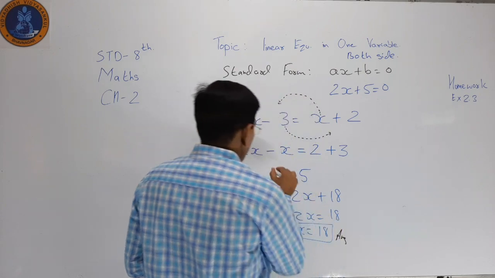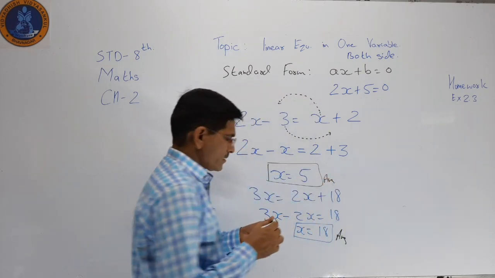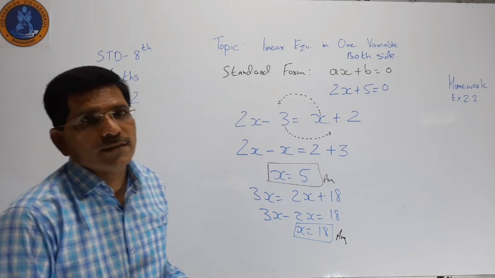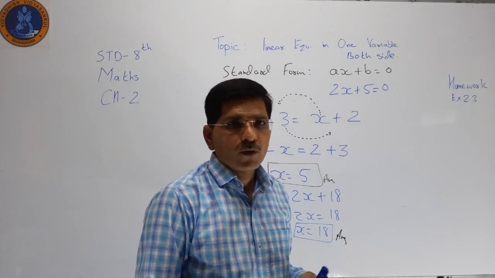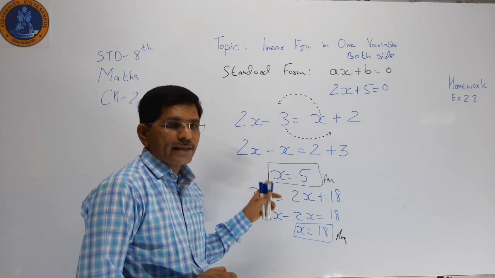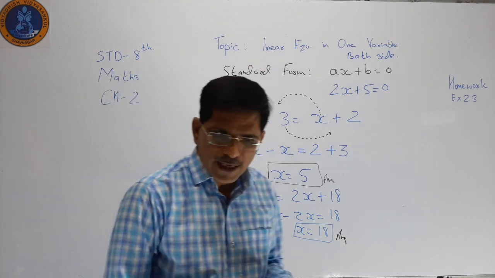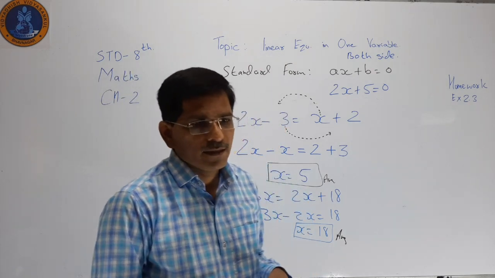In the first example, x is equal to 5 is the answer. Now how can we check? If I want to check, we have to put the value x is equal to 5, and if left hand side is equal to right hand side, then we get the correct answer.